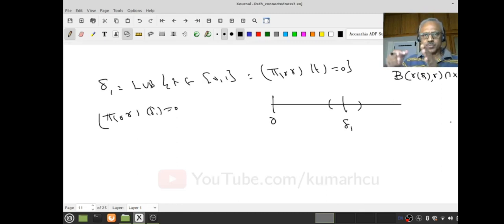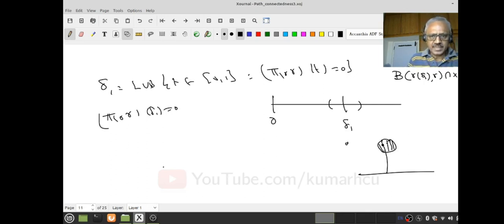Again, the connected components will only look like these points. Suppose even assuming it is some other point, there will be only these kinds of things. Okay, the argument is the same.